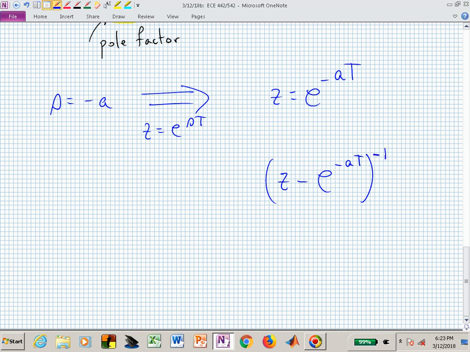And the value of z that causes that to vanish is e to the minus AT. If I replace z in this formula with e to the minus AT, that's the root of that factor.